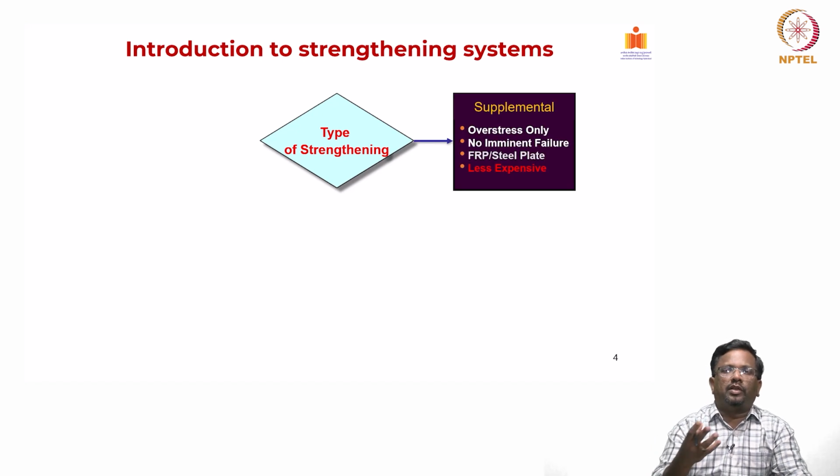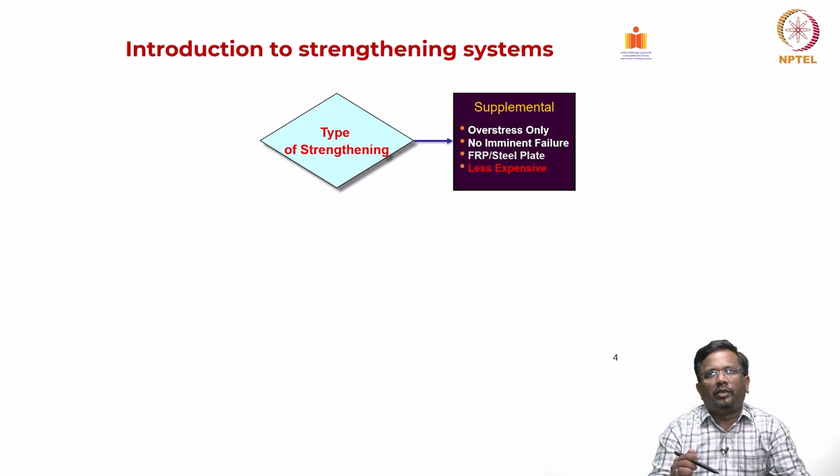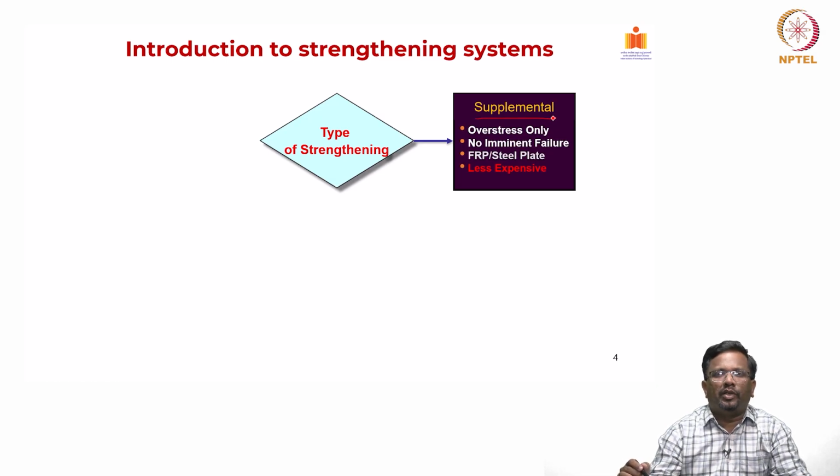Whatever intervention we add, it could be FRP composite added for confinement or for external bonding for flexural or shear strength improvement, or steel plate bonding. All of these act only as a supplemental reinforcing system. That means they come into the picture only when the structural element is subjected to more load than it had when you applied the strengthening system, right.